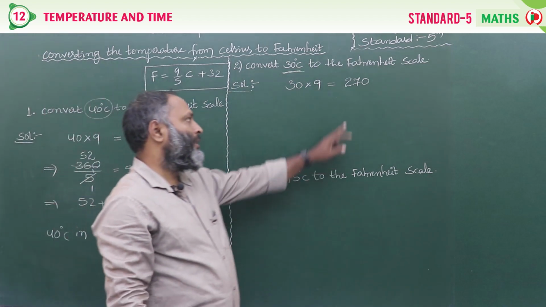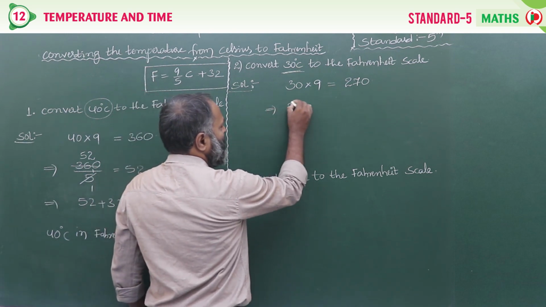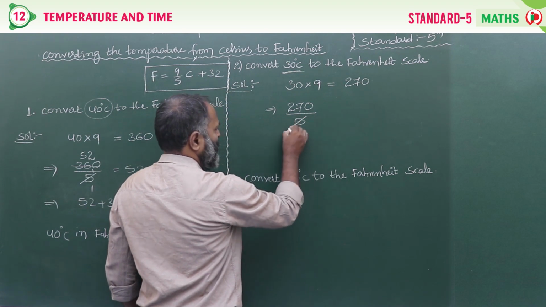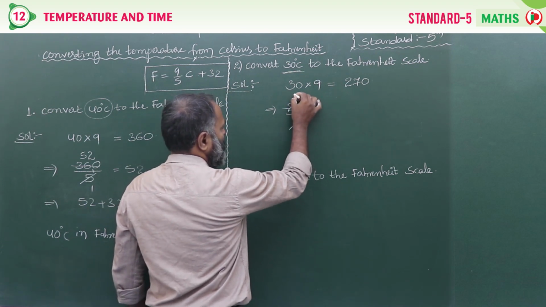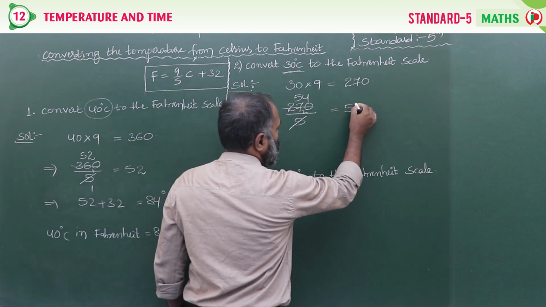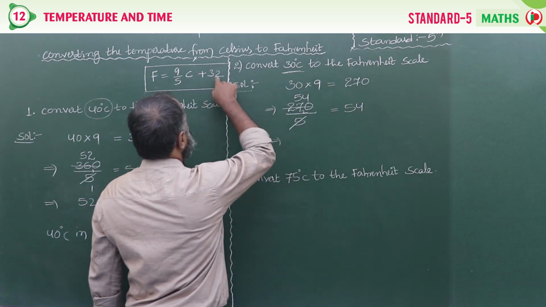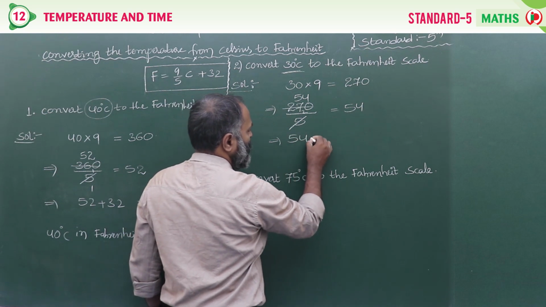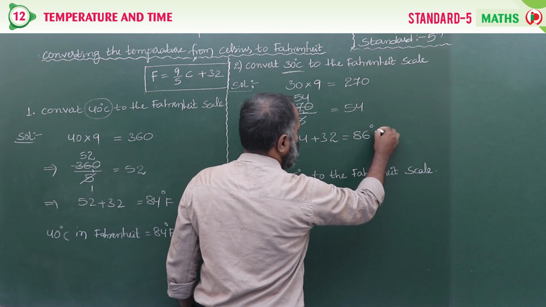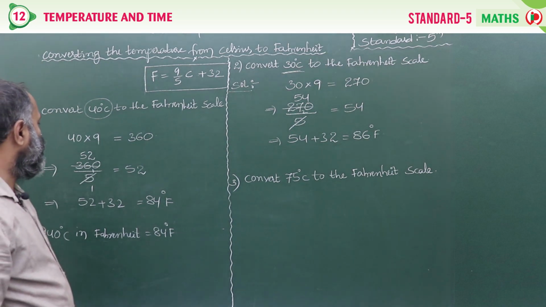In the second step, this 270 is divided by 5. 5 5s are 25, 2 left, 5 4s are 20. This is 54. So this quotient is added with 32. 54 plus 32 is equal to 86 degrees Fahrenheit.